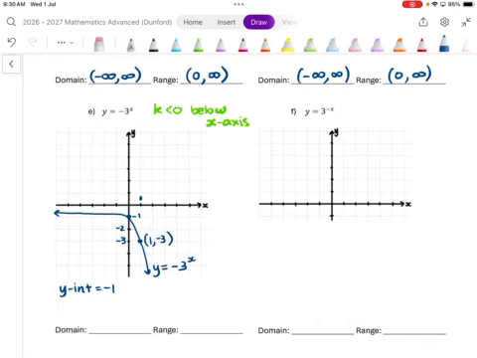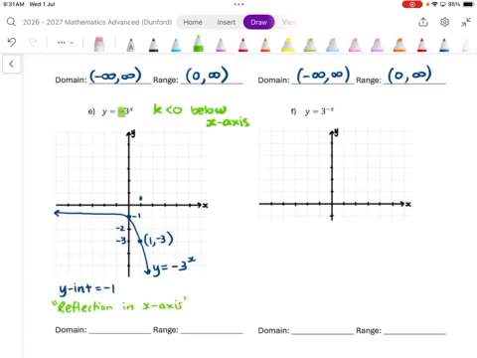So when we have k less than 0, so there was a negative in front, what we have is that it goes below our x-axis. Does that make sense? Yeah? Okay, when this happens, it's called a reflection in the x-axis.